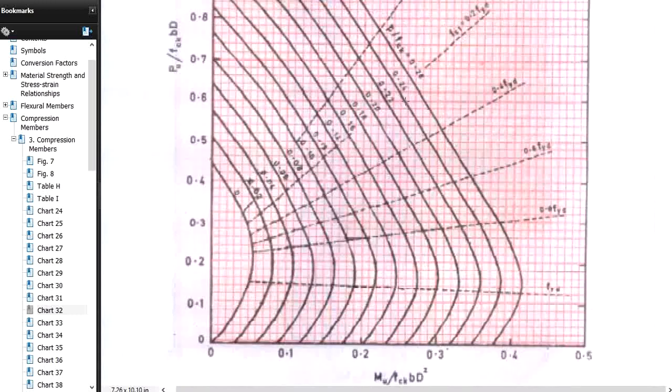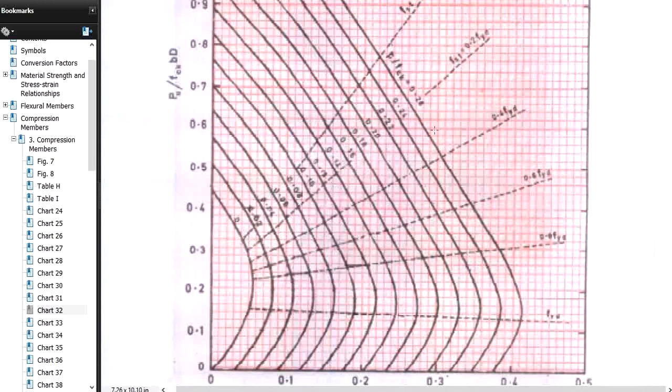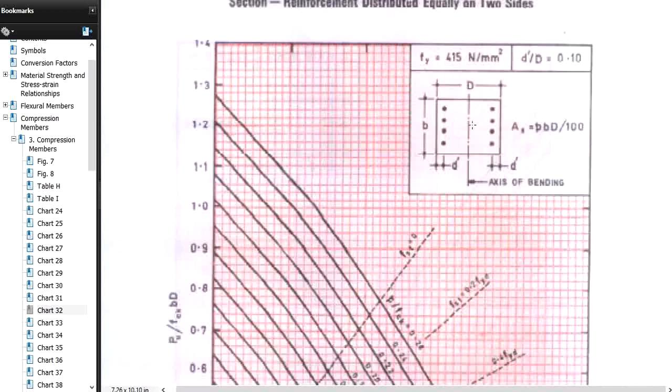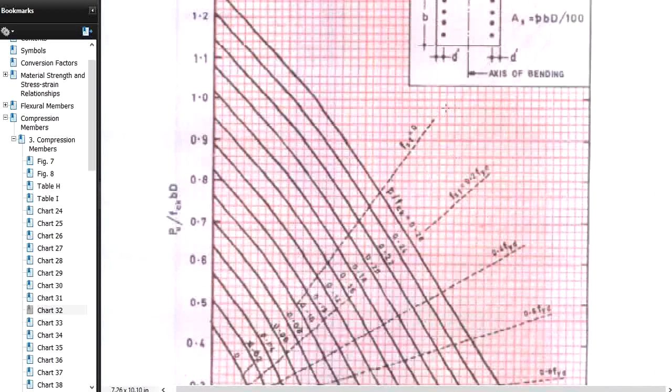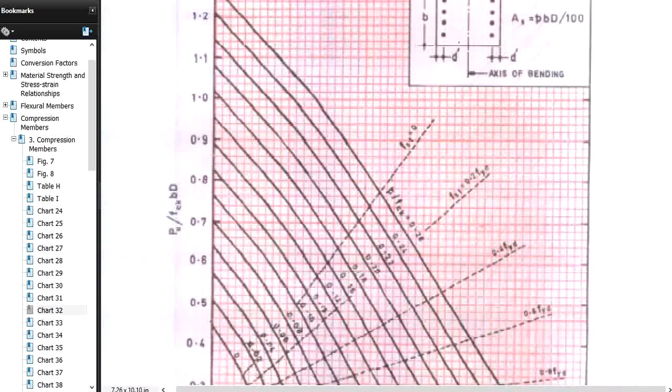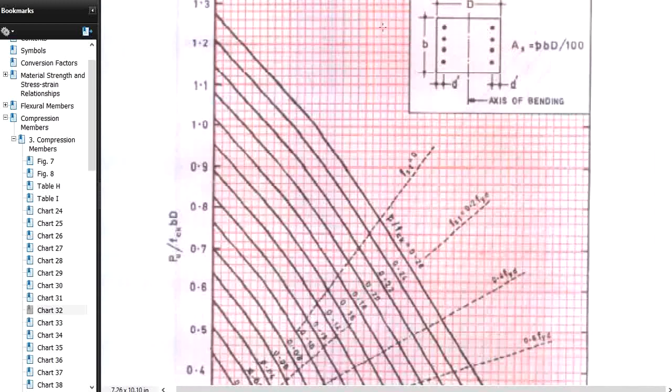Here you can see there are other values on a particular curve, that is p by fck, the percentage of steel divided by fck. If I want to find any of the parameters, I need to know a minimum of four things: the grade of steel, the d dash by D ratio, and the type of reinforcement distribution, that is on two sides or four sides.